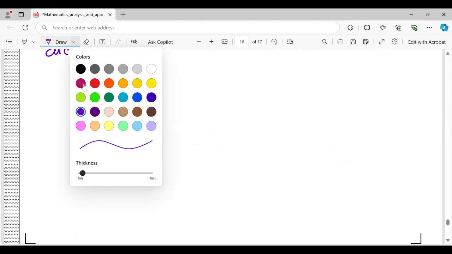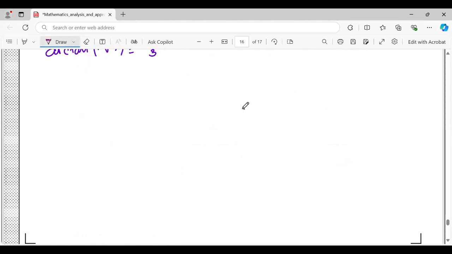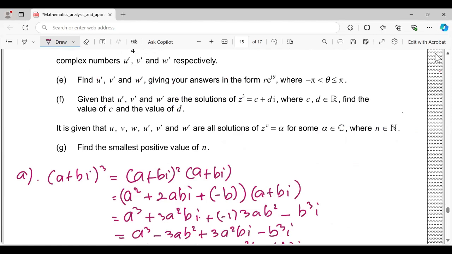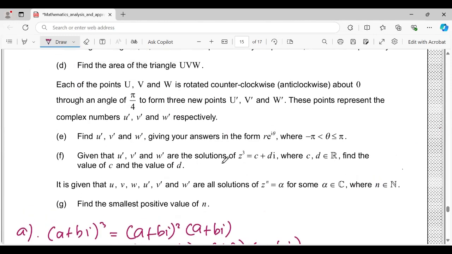Right. It means F, Ux n cube. Wait a second, wait. Okay, this one. Z cube.